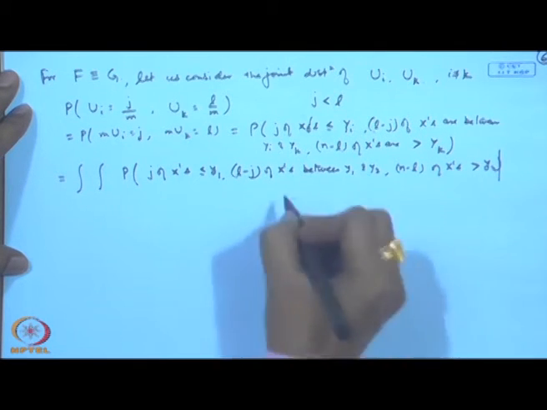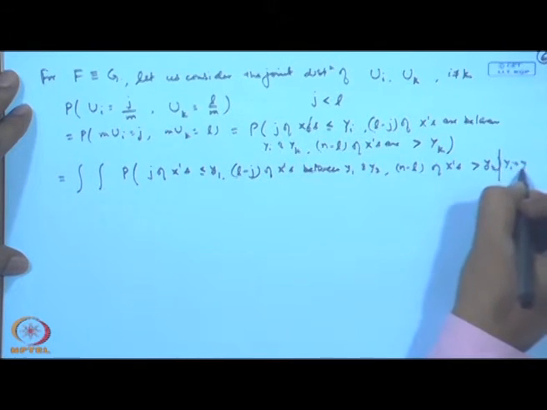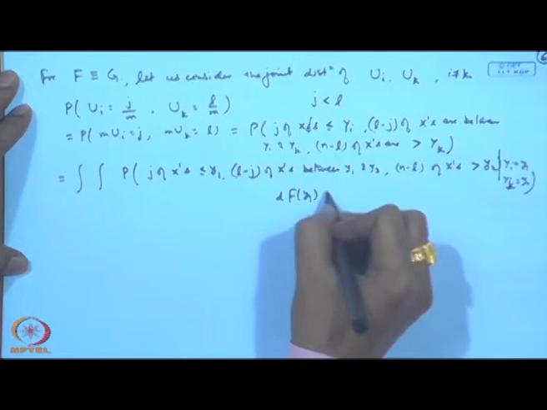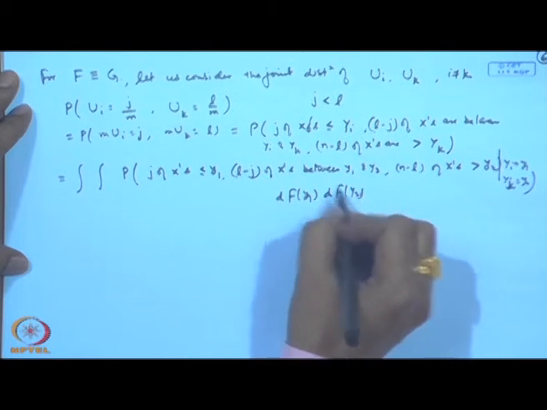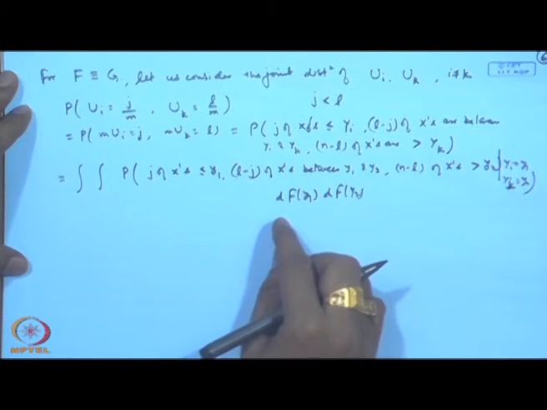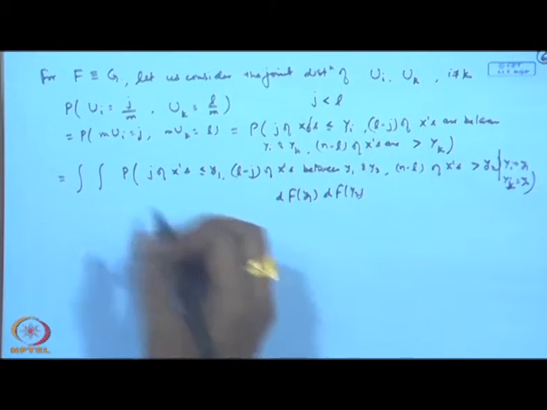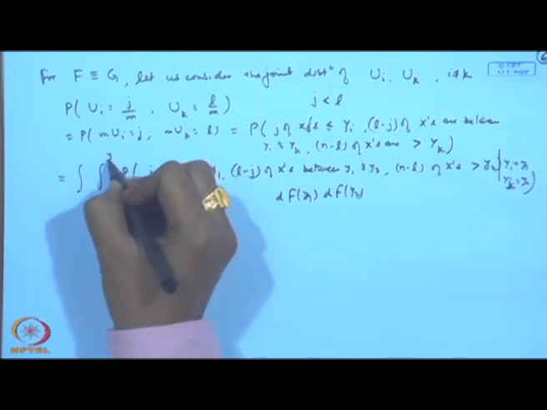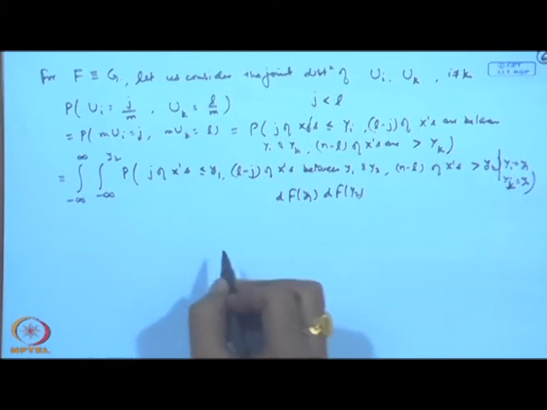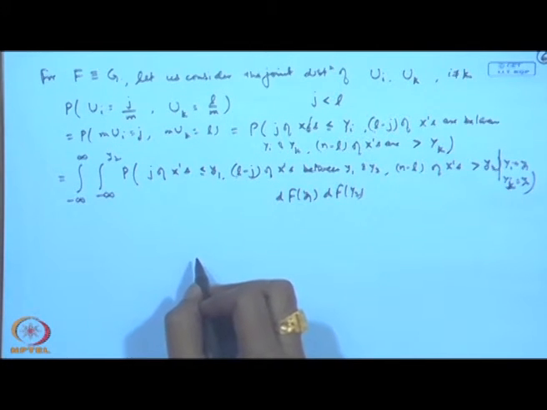This is conditioned on y i equal to y 1 and y k equal to y 2, d f y 1 d f y 2. There could have been a general case where this will be g, but then of course we will not be able to obtain a closed form expression for that. So, minus infinity to y 2 for y 1 and minus infinity to infinity for y 2 here.